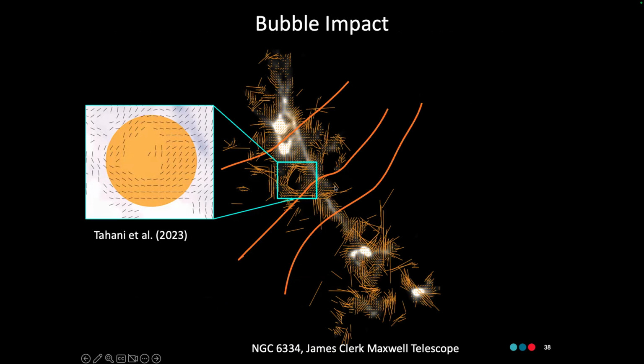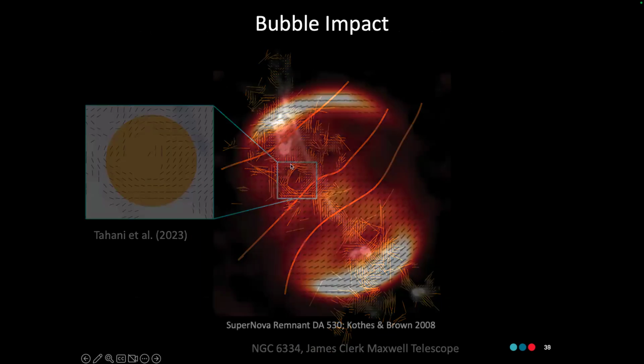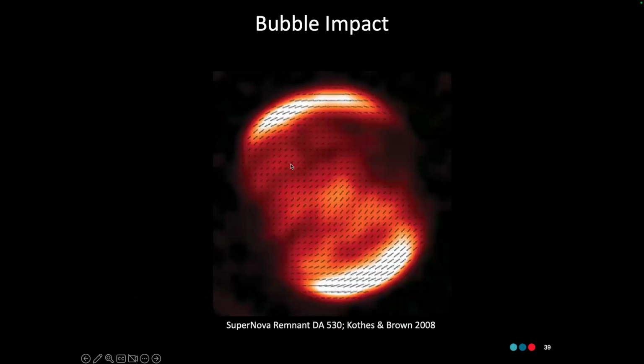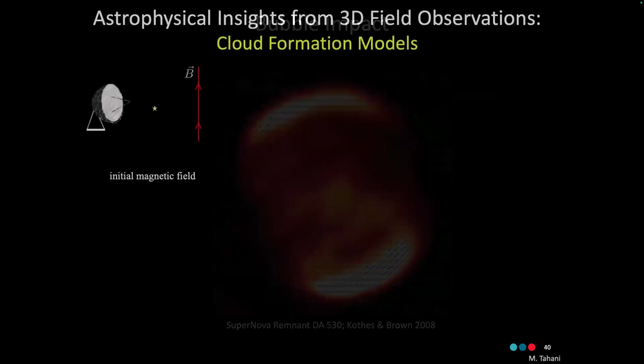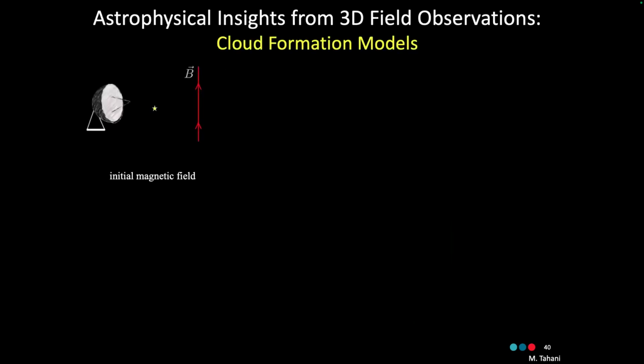We discussed this previously in terms of H2 regions, but we know that this also has been observed for supernova regions using radio observations, for example, in the supernova remnants observed by Roland Kothes and Jo-Anne Brown. Okay, so let's say that we know the orientation of the magnetic field before this bubble was formed, as modeled by our galactic magnetic field model using its coherent component.